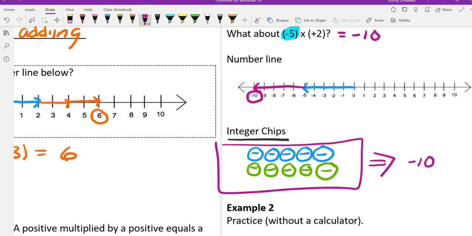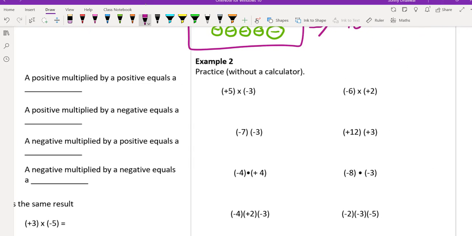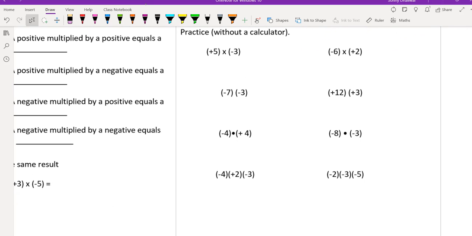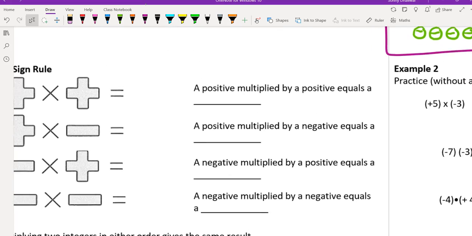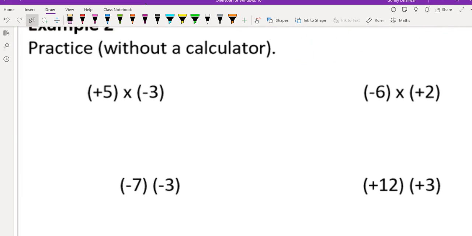Okay. Now, if you look at the questions that we're going to do this year, it's going to be like a positive times a negative number, a negative times a negative number, those kinds of things. Have you guys done that before? Yep. Yes. Yeah. Everybody's done it before? No. Not everyone. Okay. So the number part still works the same way you did in grade 7.